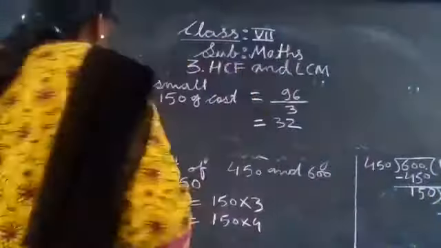So here in the small bottle, 150 gram cost is what? 96 divided by 3. It is 32.